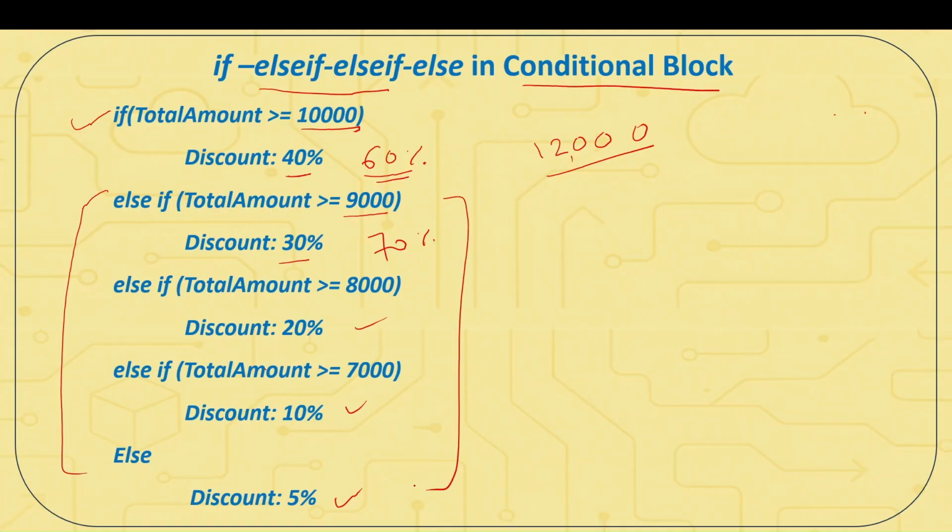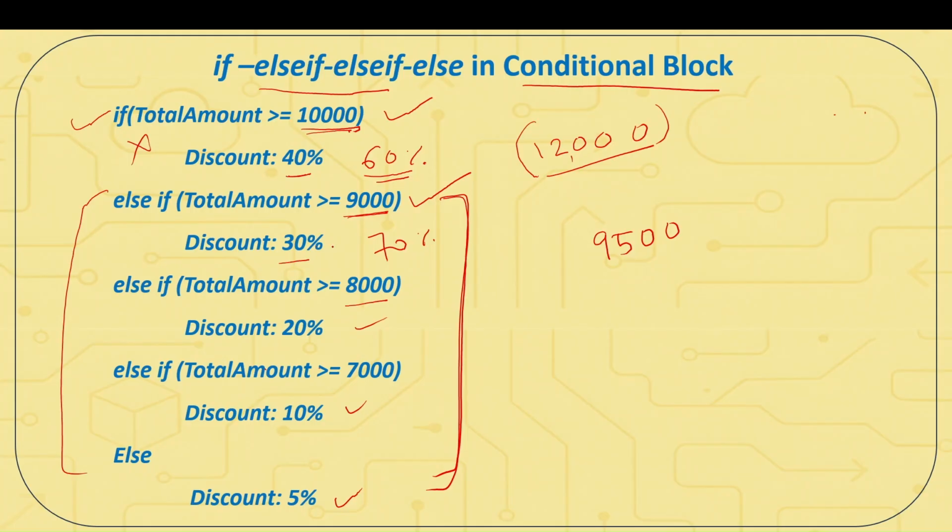But 12,000 is greater than 10,000, as well as greater than 9,000, as well as greater than 8,000. This amount is going to satisfy all the conditions, but the system should not check these remaining conditions as the first one is executed. Another example, if I mention here 9,500, first condition is false, second is true.